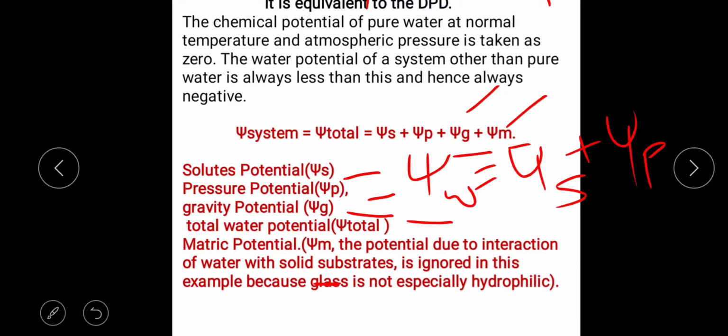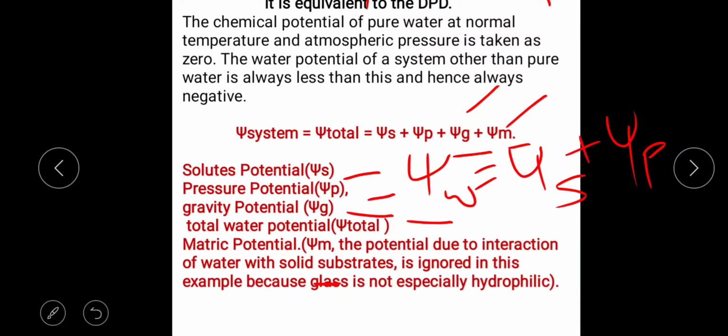value is totally small. Matric potential is the force of adsorption with which some water is held over the surface of colloidal particles present in the cytoplasm and cell wall. So it is equal to the gas pressure which is required to extract the sap from the dead tissues.